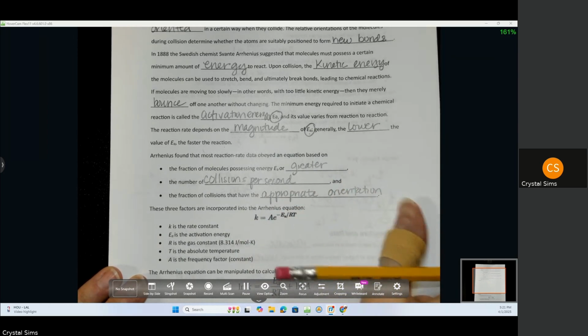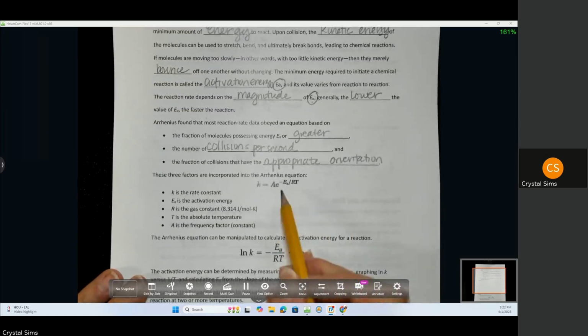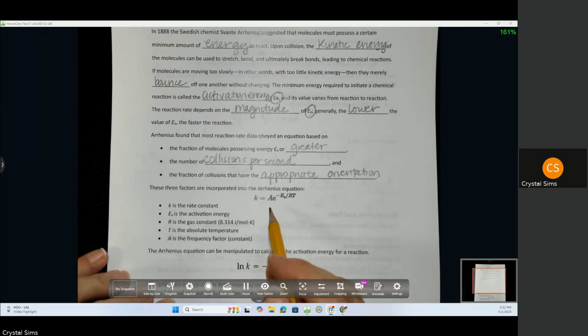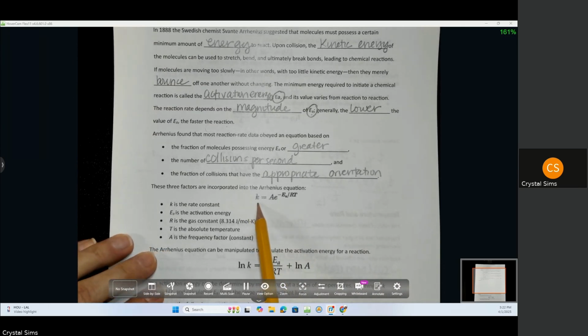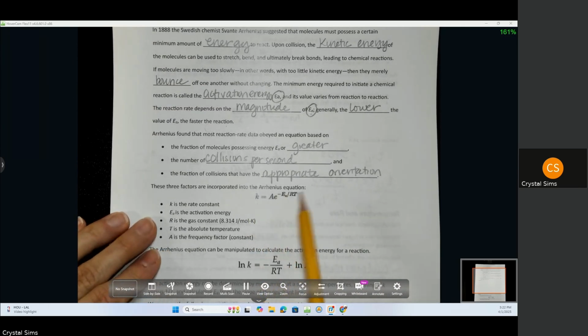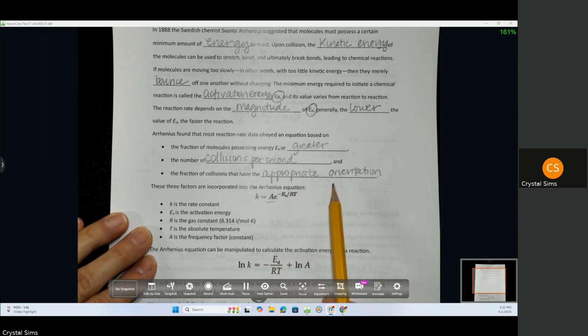Once he figured that all out, he came up with his own equation, where K, our rate constant, is equal to A, which is the frequency factor. This is a constant based on the particular molecules we're talking about, and it tells how frequent the collisions are.